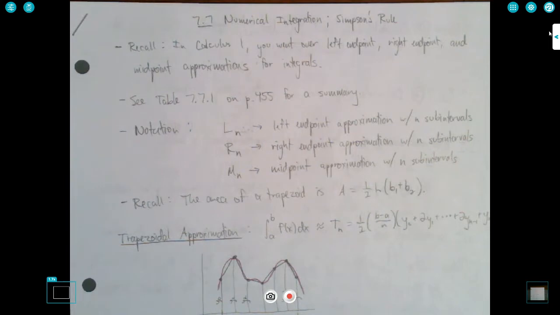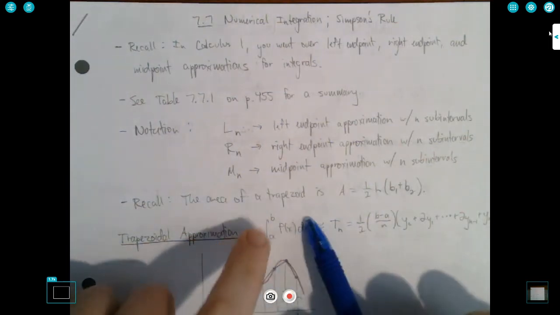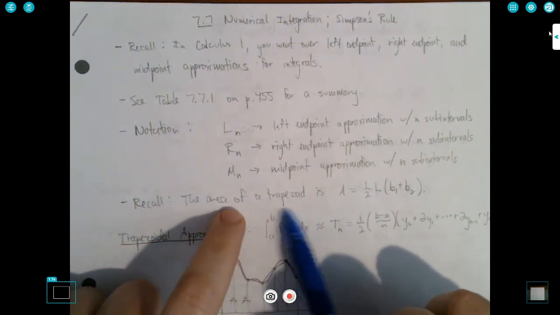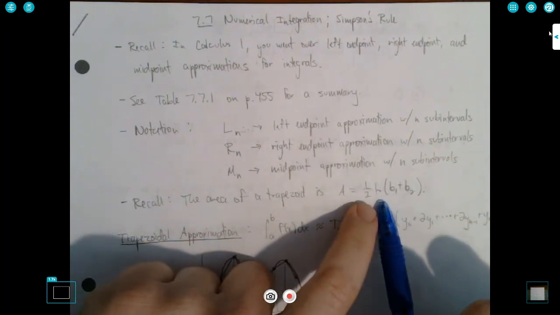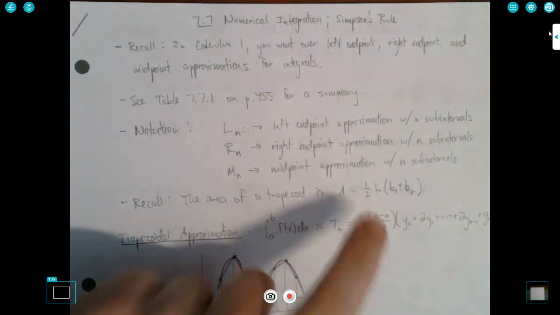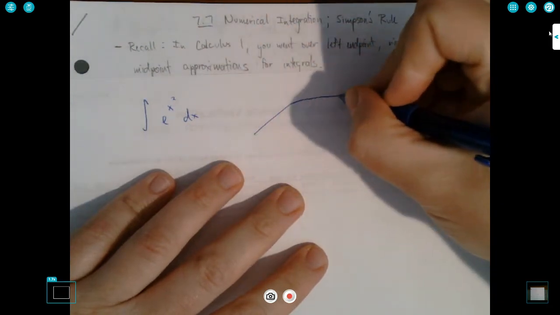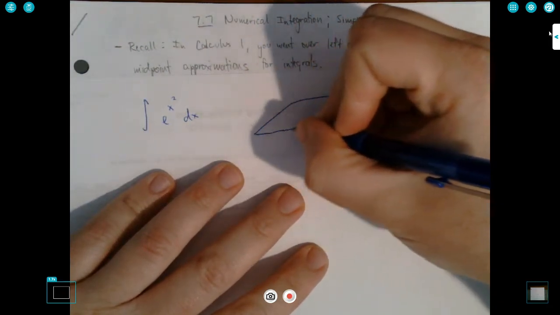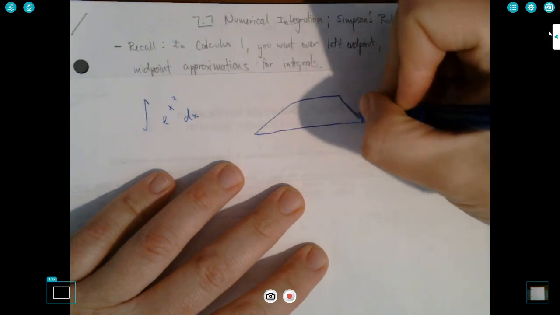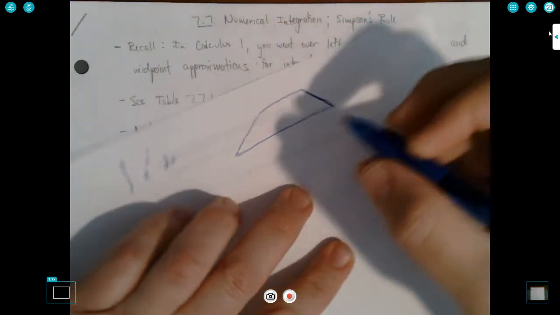Okay? So for the trapezoidal approximation, let's just remind ourselves that the area of a trapezoid is 1/2 times height times base 1 plus base 2. So in other words, if you've got some kind of trapezoid, right? That was very poorly done, but these should all be straight lines.